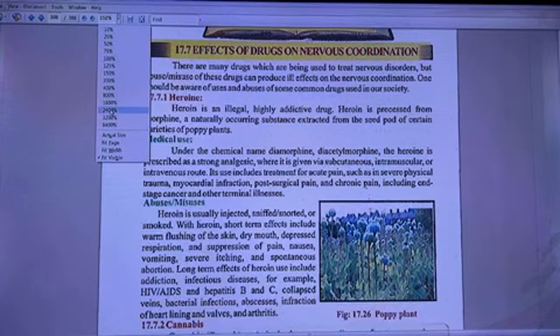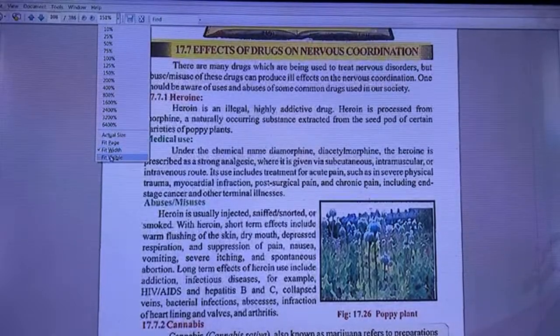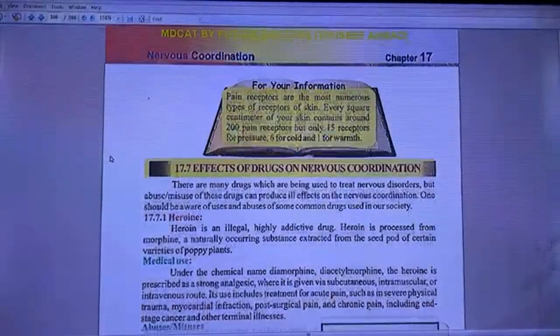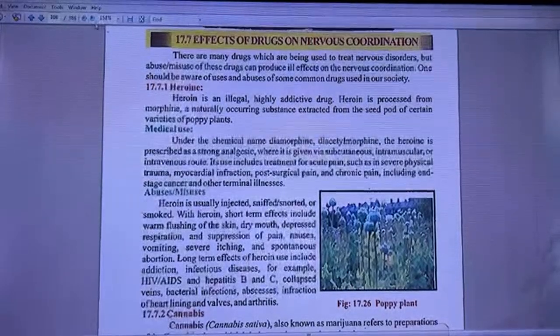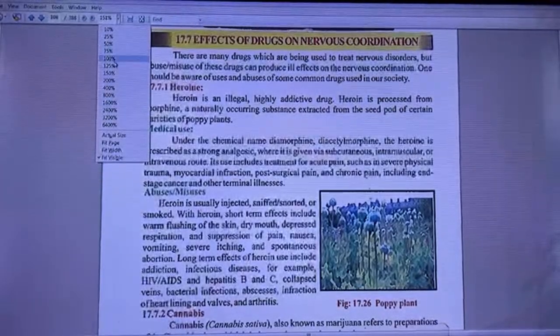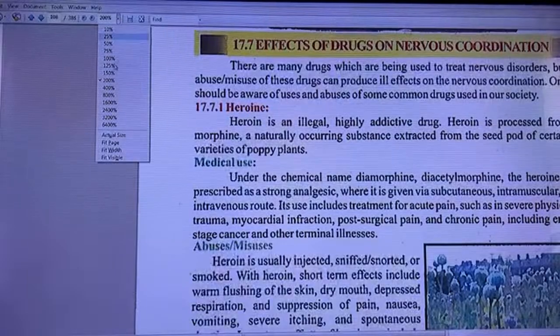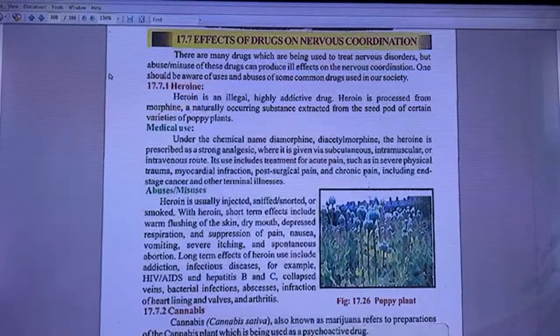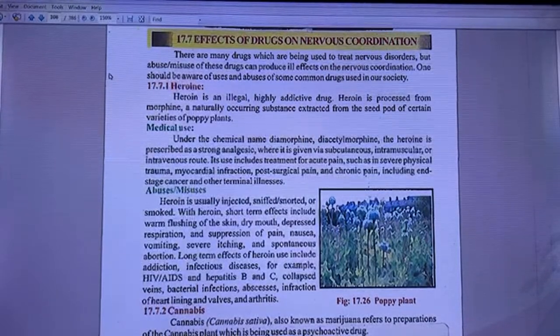Effects of drugs on nervous system. There are many drugs which are being used to treat nervous disorders, but abuse or misuse of these drugs can produce ill effects on nervous coordination.